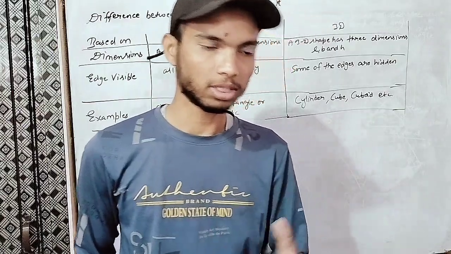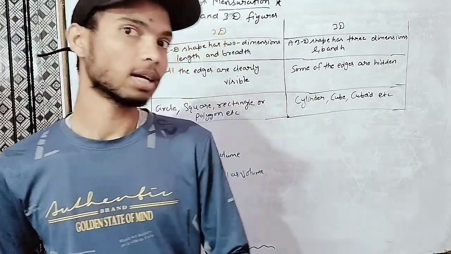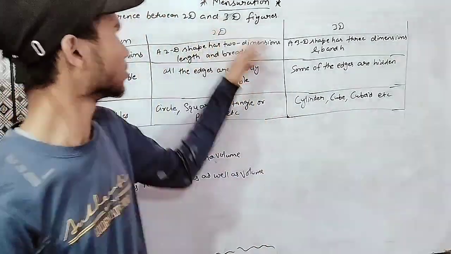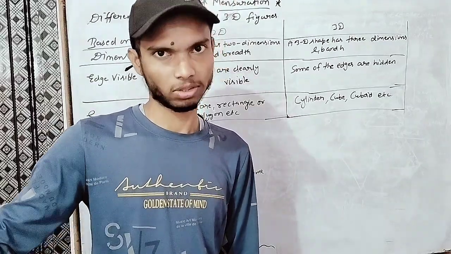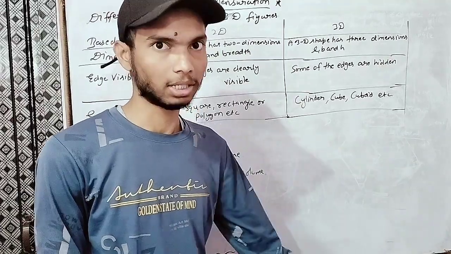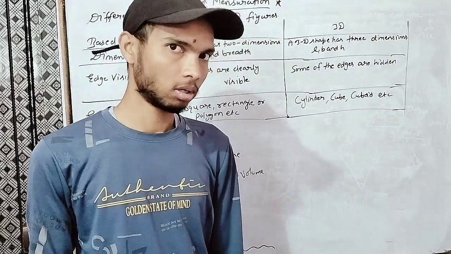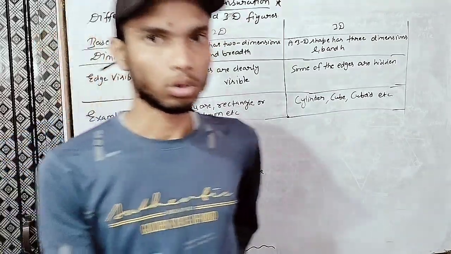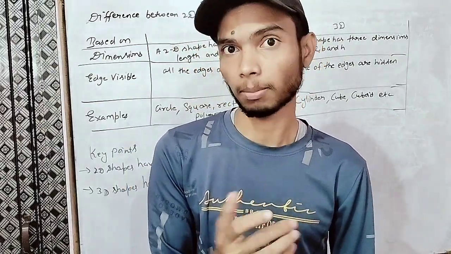Series by series, we will explain each solid shape. As I told you, mensuration means measurement of something, but in this context, measurement of solid shapes. Clear?